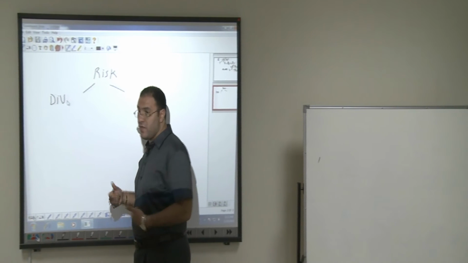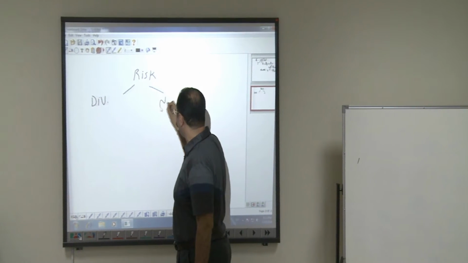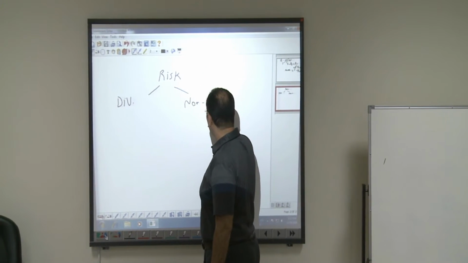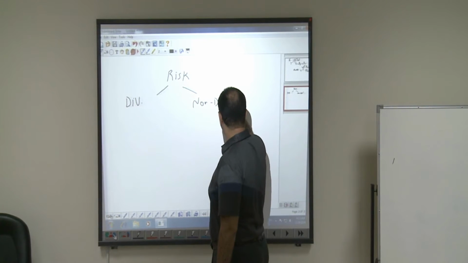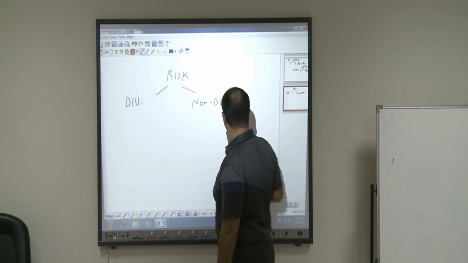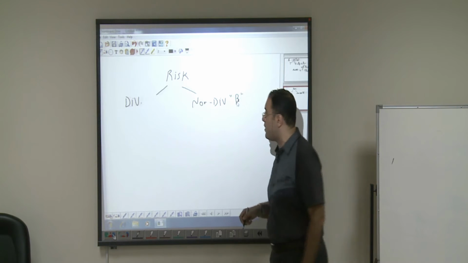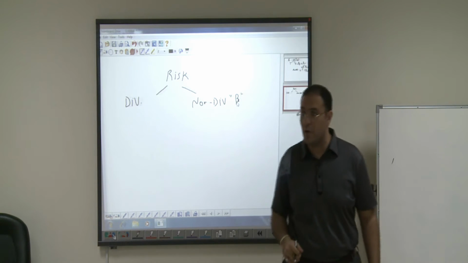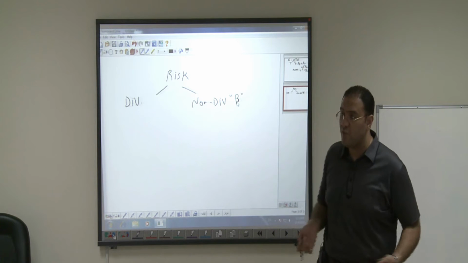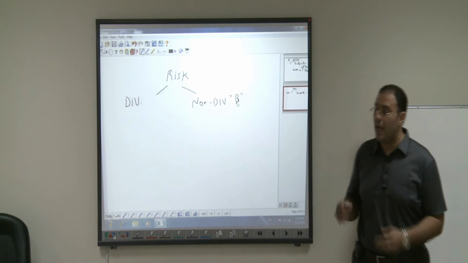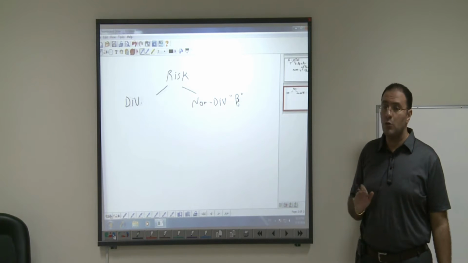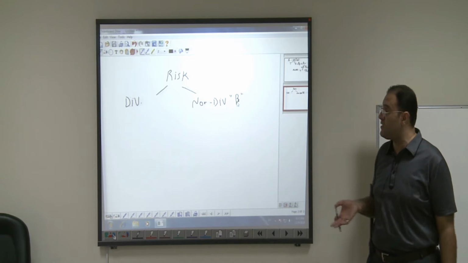The second component is non-diversifiable, which is beta. So risk is made up of the diversifiable component, which we refer to as firm specific or idiosyncratic, and the non-diversifiable component, which we refer to as beta.